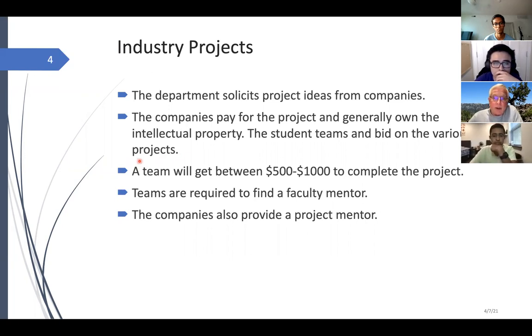And so there's always that possibility. Typically, a team will get between $500 and $1,000 to complete the project. The teams are required to find a faculty mentor with our faculty here. And the companies almost always provide a project mentor. And so you'll have 2 mentors associated with the project. So that's our industry projects.